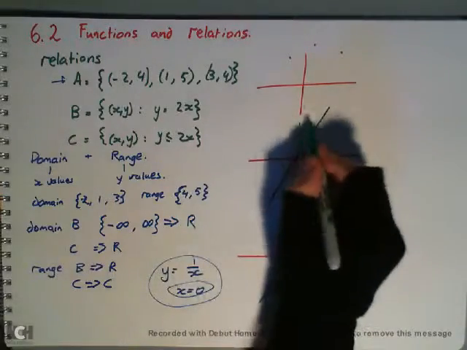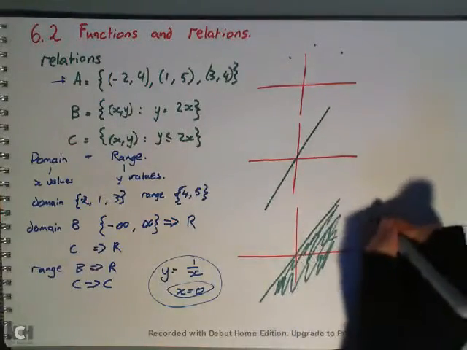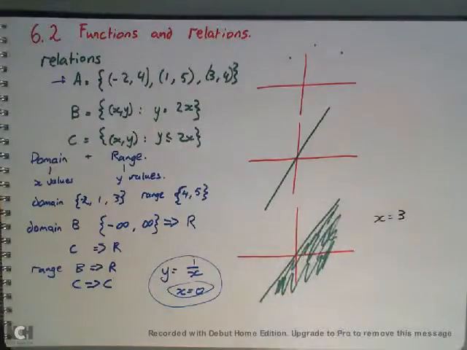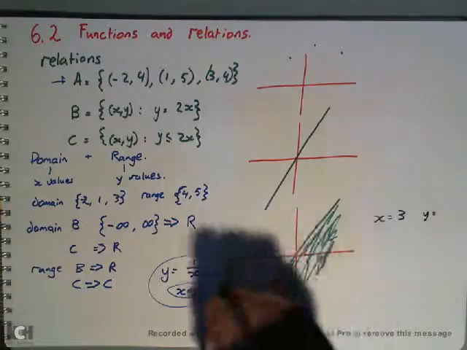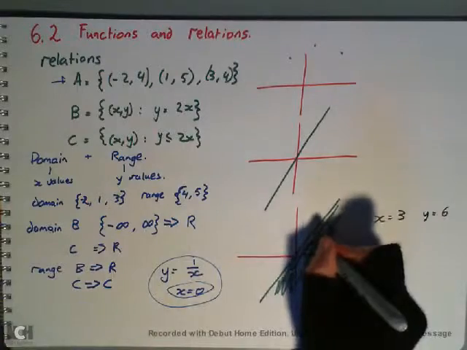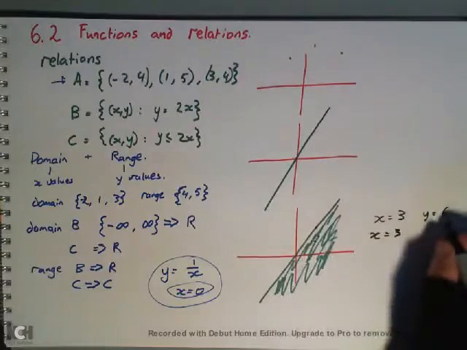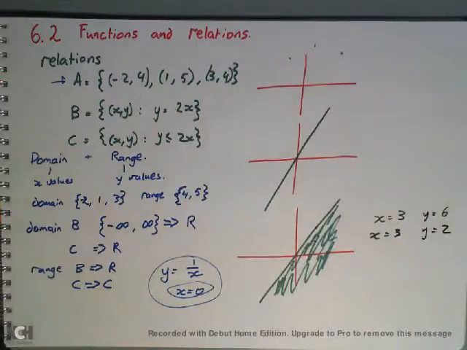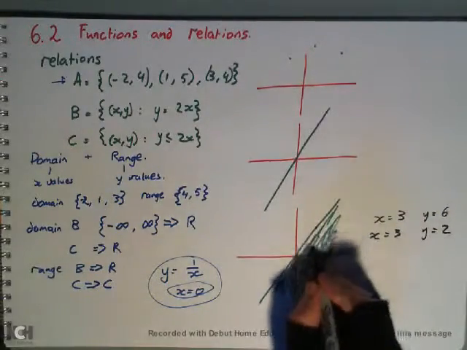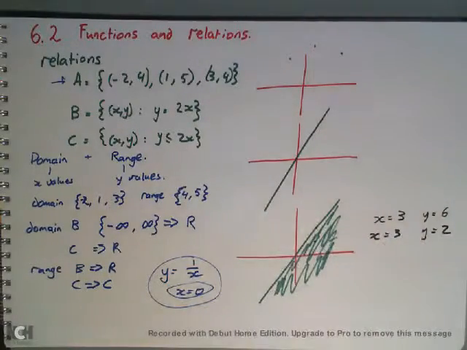Same with B. But C is not a function, because I can choose x equals 3, and sure, we could get this point up here at y equals 6, but it's also true for this point here. So for x equals 3, it also contains y equals 2, for example.